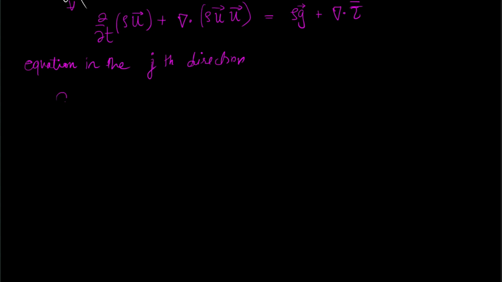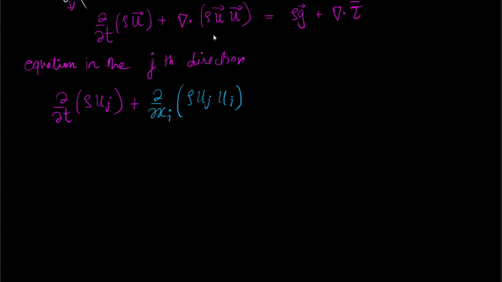So the first term will be del t of rho uj, that is, the jth component of velocity, plus the divergence of, because we are using an index notation, the divergence will become del xi of rho uj ui.